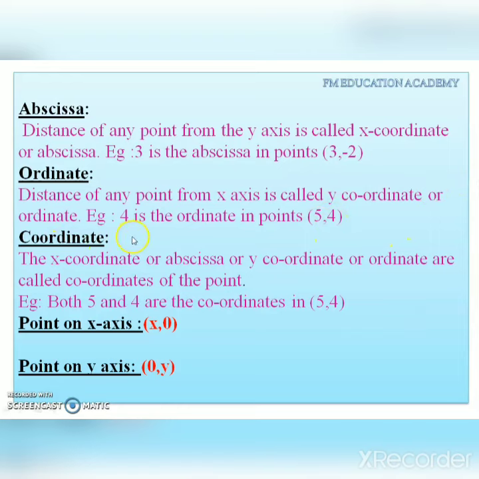So here I have x and y in place of x2 and y2, and 0 in place of x1 and y1. So (x minus 0) whole square plus (y minus 0) whole square. x minus 0 is x only, so (x minus 0) whole square means x square. And y minus 0 is y only, so (y minus 0) whole square means y square only.